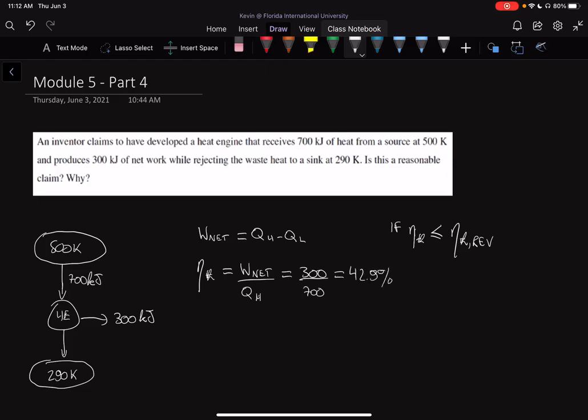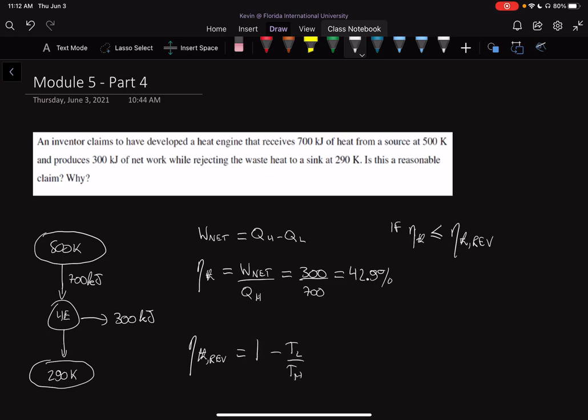42.9%. So we know that his claimed engine makes 42.9% efficiency. And now we have to compare it to our η thermal reversible. So we can use the equation η thermal reversible is equal to 1 minus TL over TH.